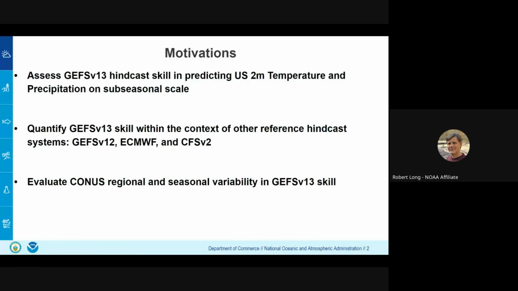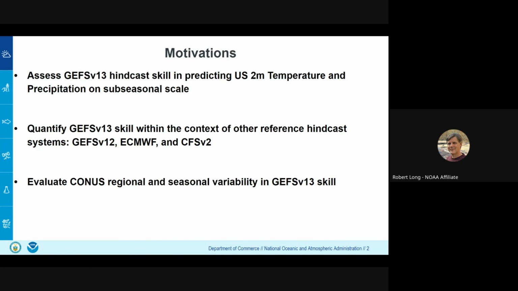There are 3 main goals for this talk. First, we're going to identify and quantify the hindcast skill in that GEFS13 mini data set, looking at forecasting temperature and precipitation on the subseasonal scale. I'm going to include week 1 in this presentation as well. Next, we're going to present the GEFS13 skill within the context of these other reference hindcast systems, and then make some general statements about the GEFS13 hindcast performance.